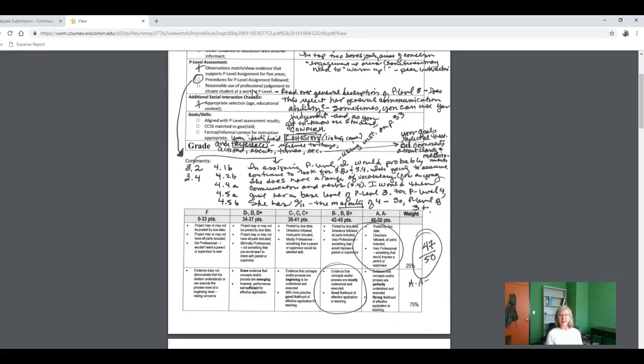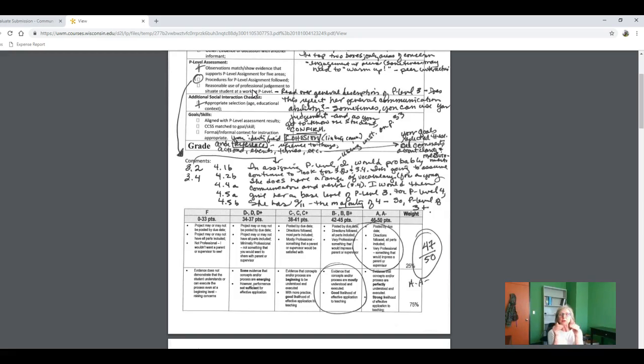And then if that's the case, you looked at P level 4. And for P level 4, you had all but 2 checked that she was demonstrating or showing that she could do.